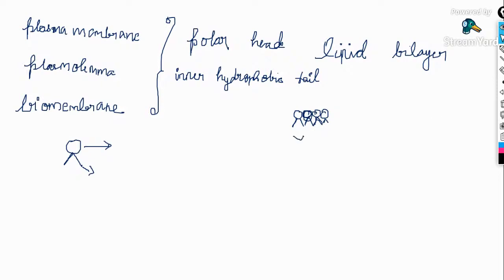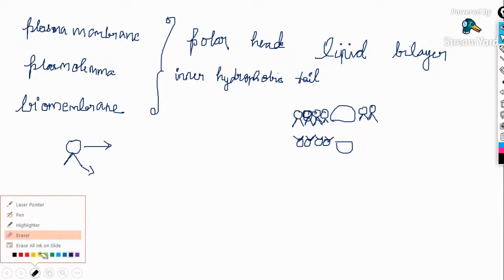In the same way, we have it here too. All these are tightly bonded. And in between you have proteins. We have to learn the names of all those proteins. Please wait, guys, it takes time.